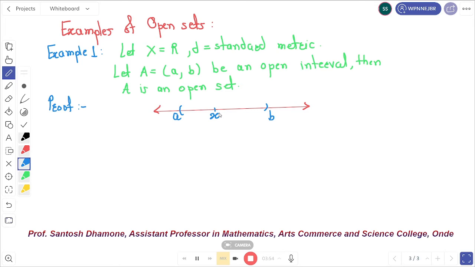We will prove that the open ball about x with radius r is contained in the open interval (a, b), which is equal to set A. Here we have to show that the open ball about this x with radius r is contained in set (a, b).